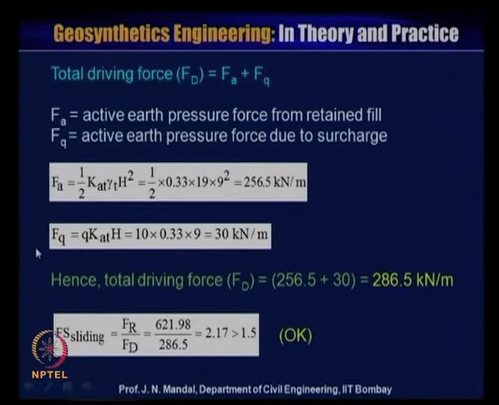And FQ is the active earth pressure force due to the surcharge, that is FQ is equal to Q into KAT into H, because this is the surcharge pressure. So 10 is the surcharge load and KAT is 0.33 and H is equal to 9, it is equal to 30 kilonewton per meter.